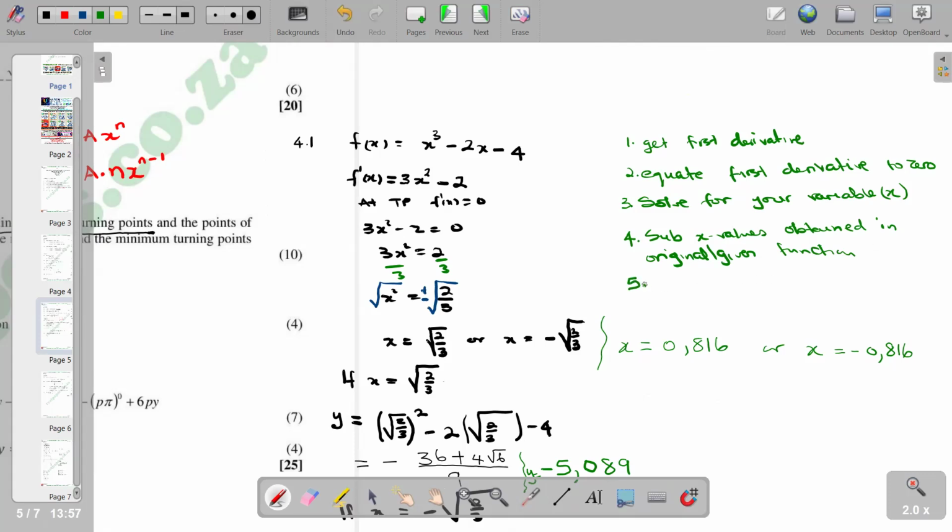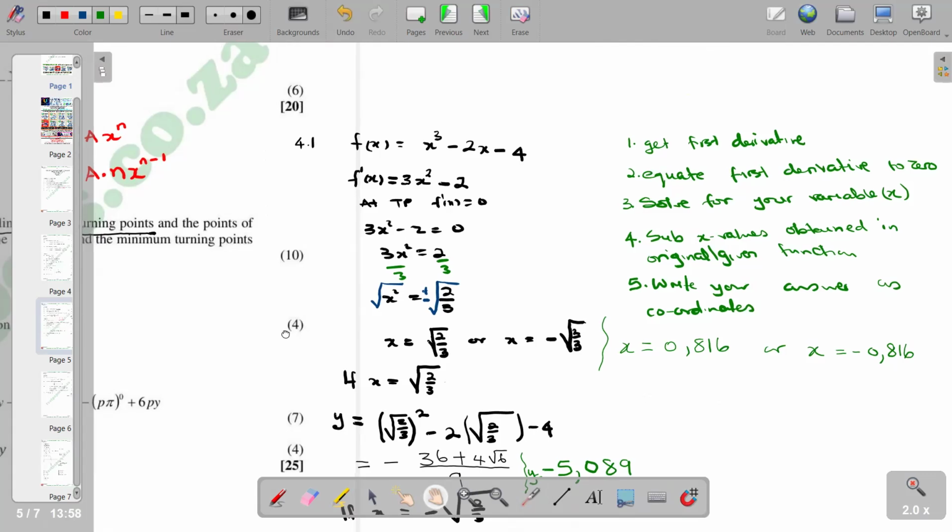Lastly, write your answer as coordinates. These are the steps that you have to follow to get the coordinates of turning point.